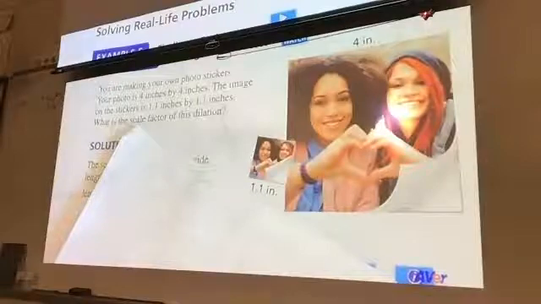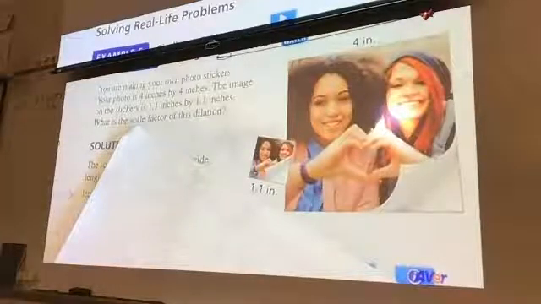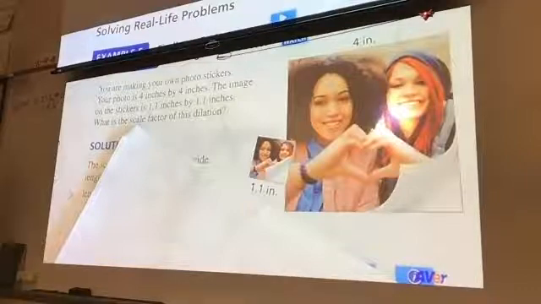If you haven't yet, tell somebody what you think the scale factor is here. Or if you're unsure, at least something about this. What do you think it might be?